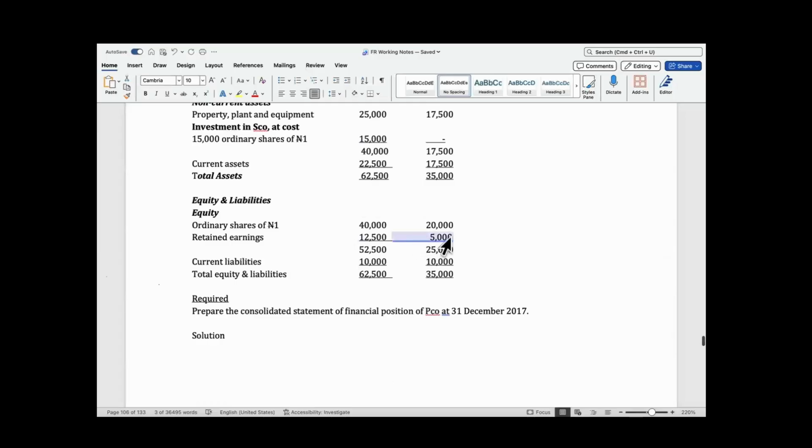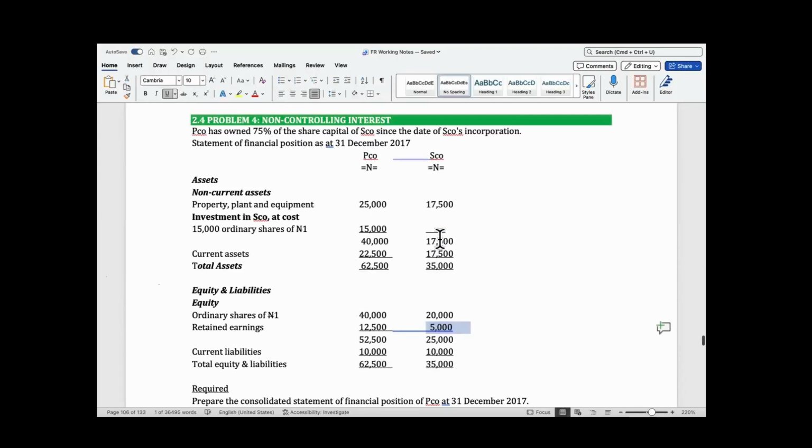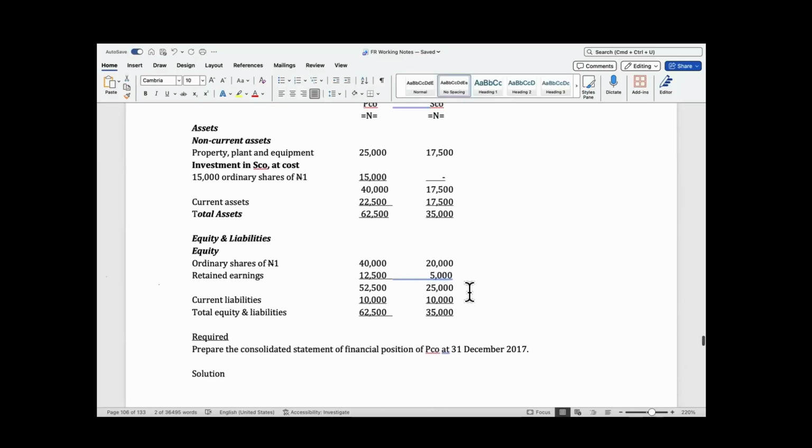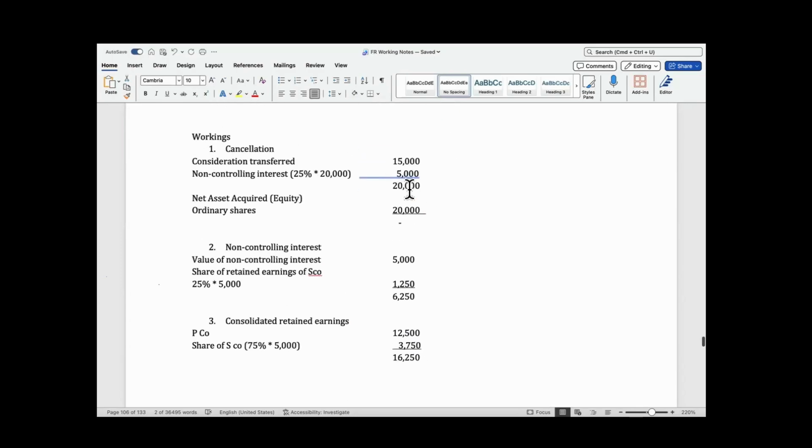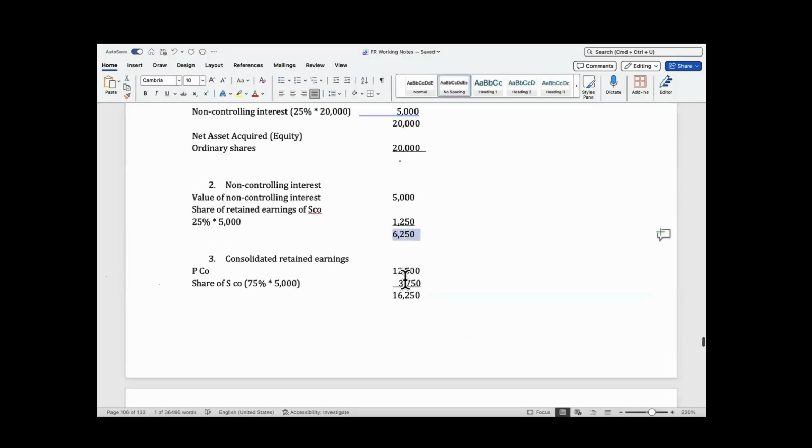This 5,000 here is profit that was made by ESCO after acquisition, because we acquired ESCO since incorporation. This profit belongs to all the owners, PICO and NCI. So NCI would get its share, so that the value of NCI is 6,250, which is 5,000 plus this.